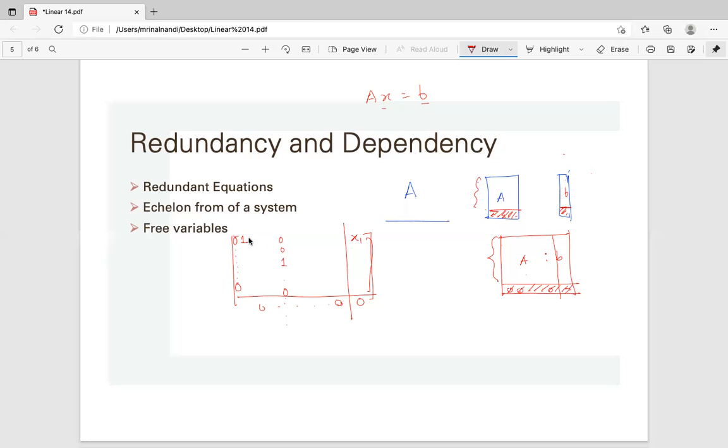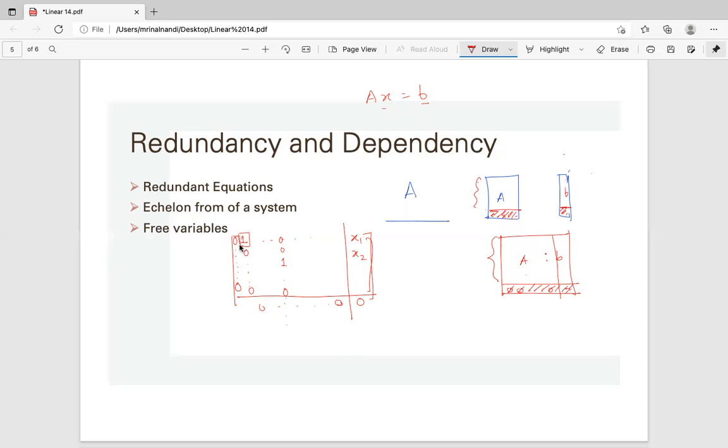Now, some free variables are also there. Say this is 1, 1. Now what? If I say 1, 1 is the leading one, and all those are 0. Now what is the equation? In the equations, you will see only one equation involves x2. Only one equation involved.